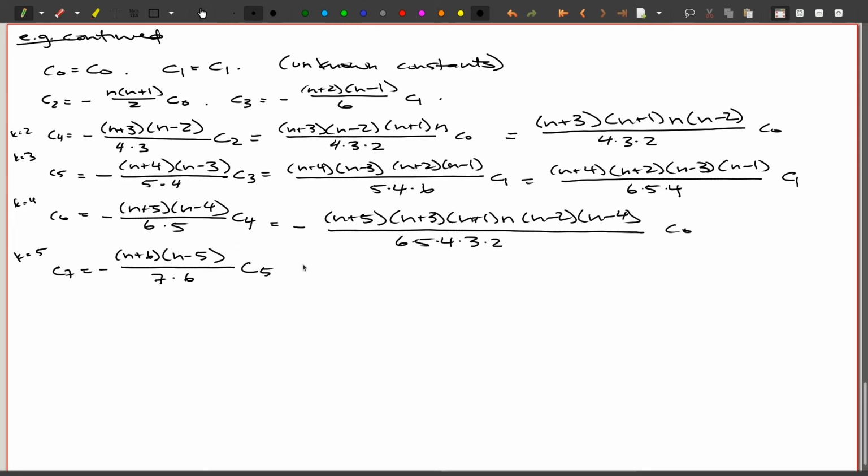So I go back to my C sub 5 and I start to plug stuff in. I'm going to have a negative sign, n plus 6 times n plus 4 times n plus 2 times n minus 1, n minus 3, and then n minus 5.